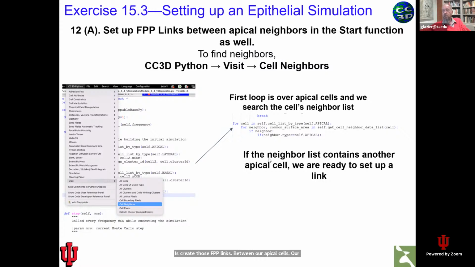And so we're going to iterate over the cells of type apical. And now we're going to go for neighbor in common surface area, find the neighbors of that apical cell. If the neighbor happens to be also of type apical, that's the left and the right, then we're going to create the link.